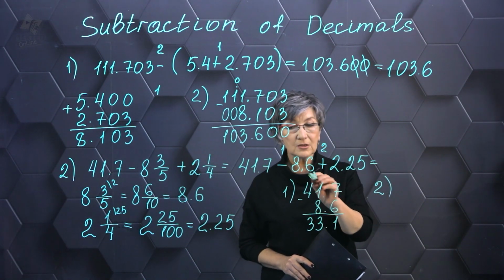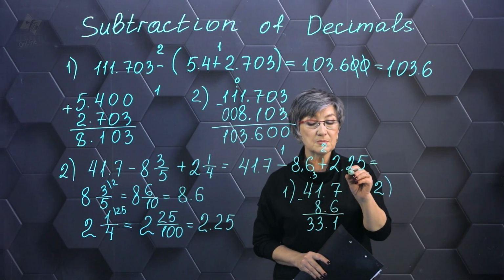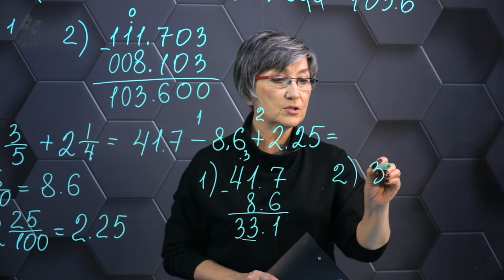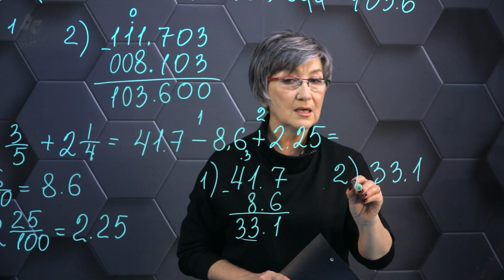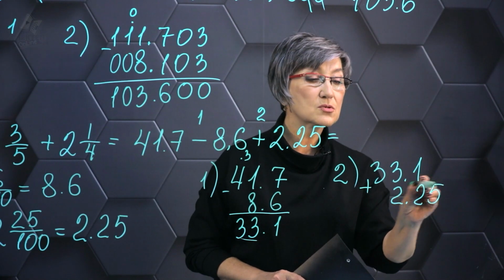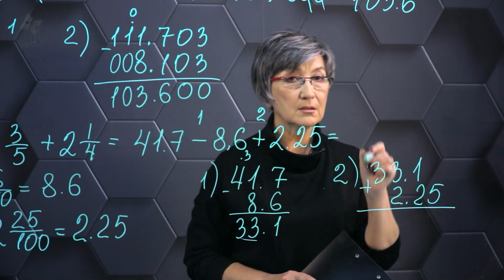And the second action. To the result of the first action, I add 2.25 hundredths. The result of the first action is 33.1 tenths and plus 2.25 hundredths. Keep in mind that the dot is below the point.